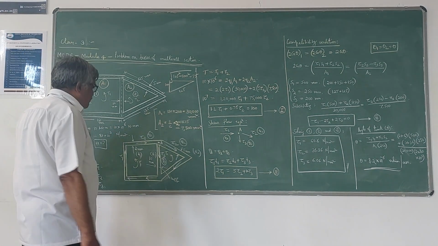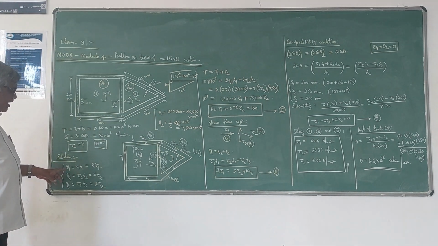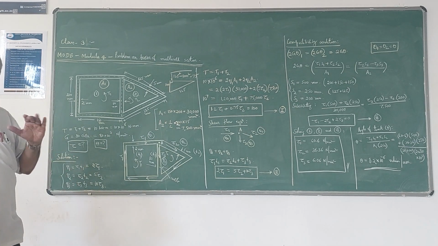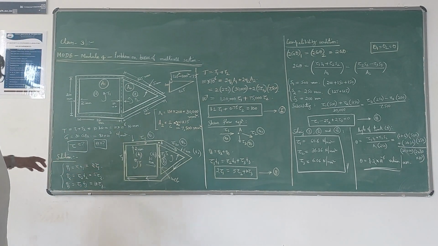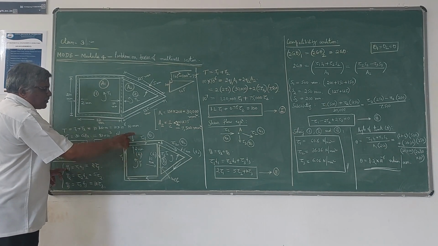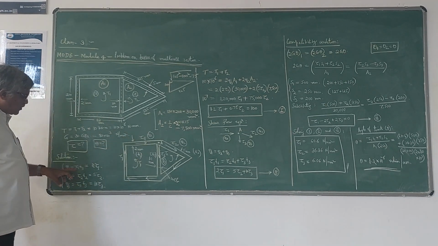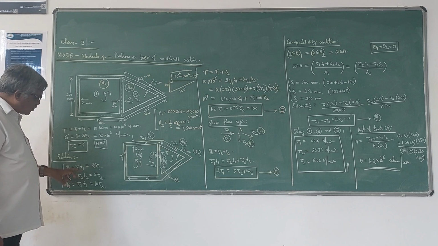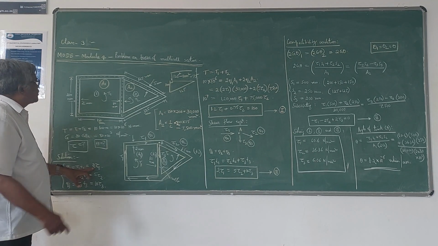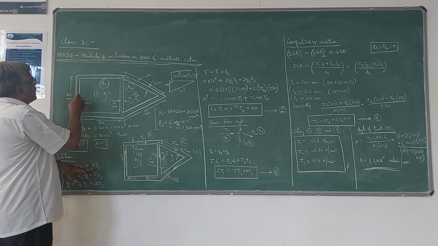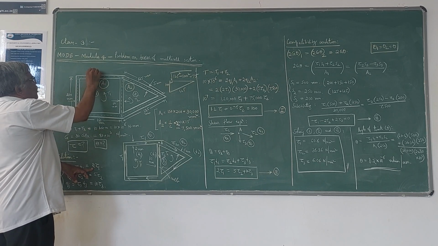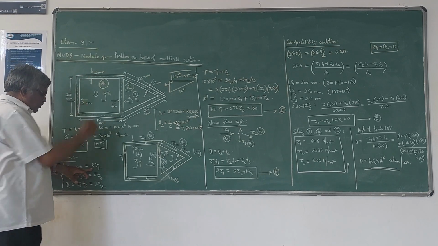Now we know that shear flow q is given by the product of shear stress and the thickness. So q1 is the shear flow in the first cell. Its value is τ1 into t1. τ1 is not known here, t1 is 2 mm, as he has given this thickness as 2 mm. Therefore it is 2 τ1.